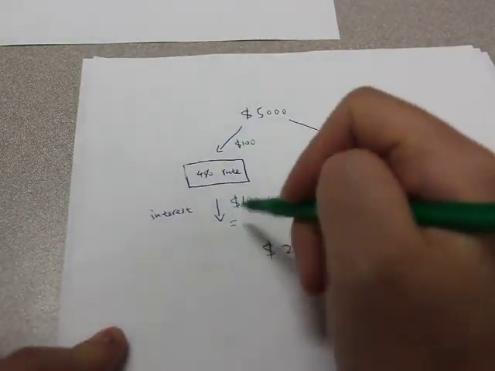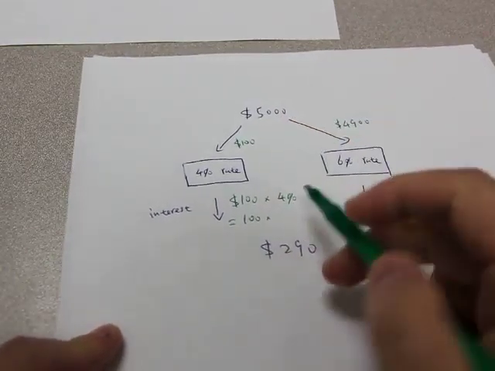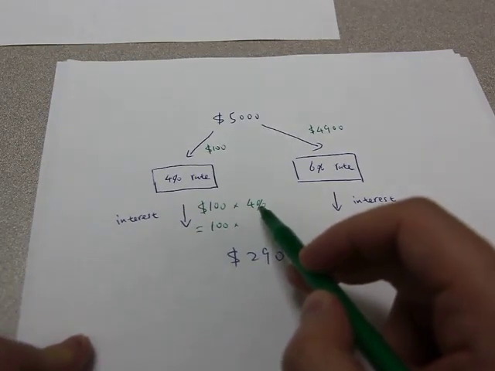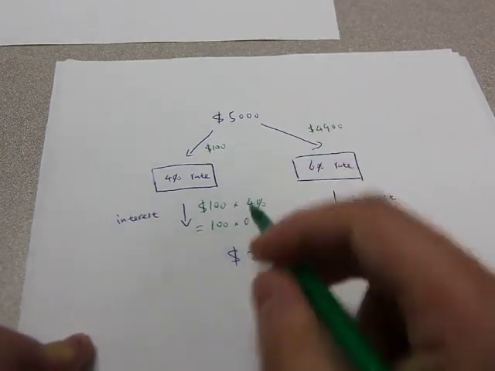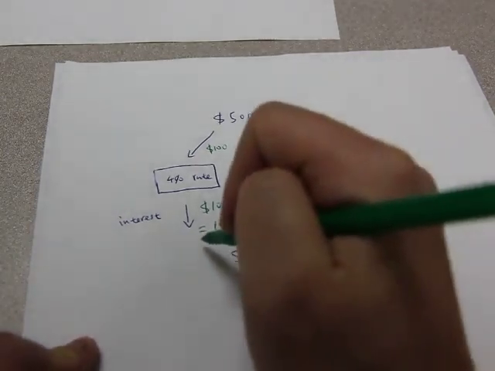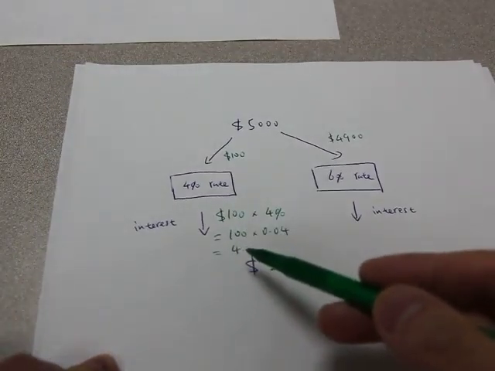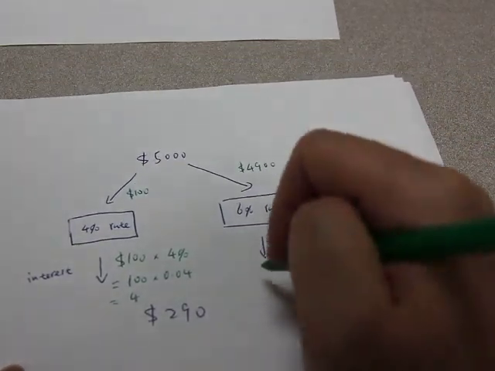And when we do this type of multiplication, we usually convert the 4%, because this is a percentage, into a decimal, which is 0.04. So you will receive $4. $4 is your interest.